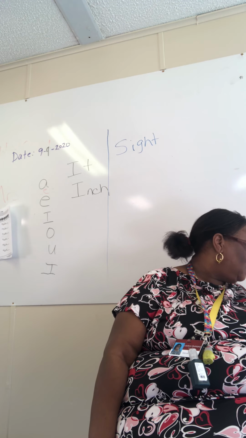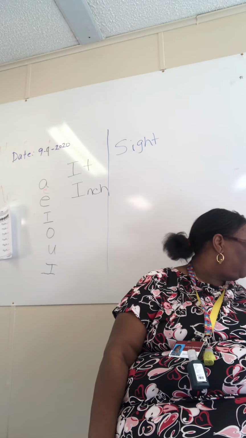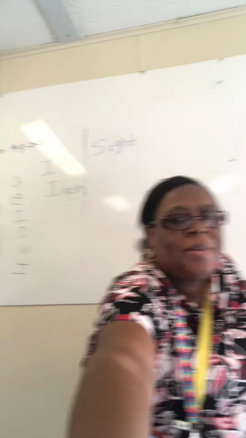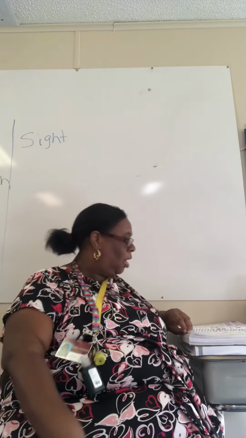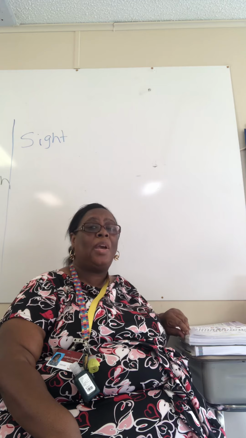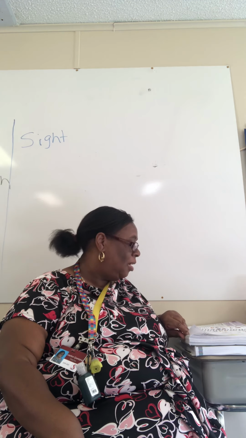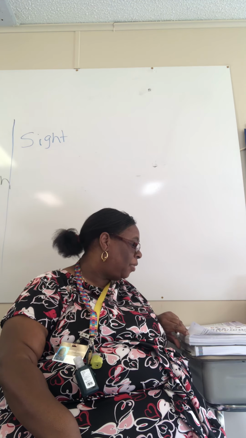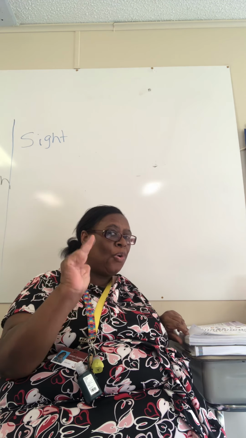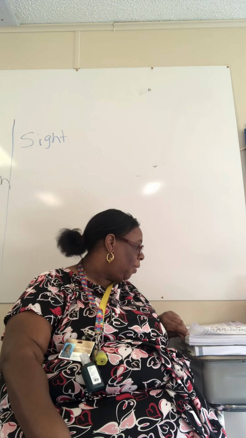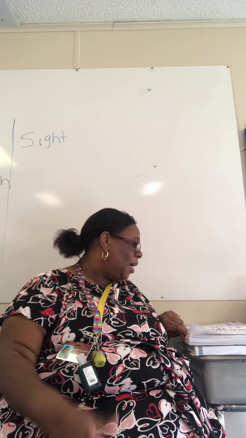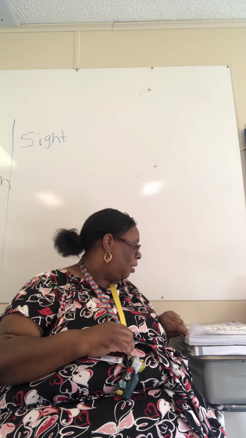Is the letter S a vowel or a consonant? If you said the letter S was a consonant, you are correct. It is not one of the 5 vowels, A, E, I, O, U. What clue reminds us that the letter is a consonant?